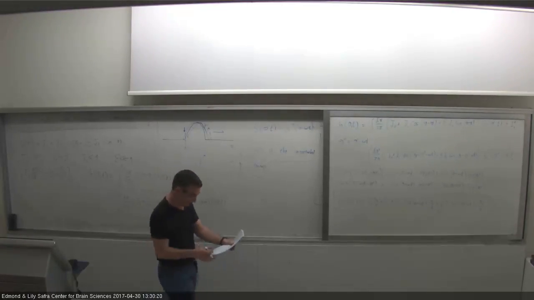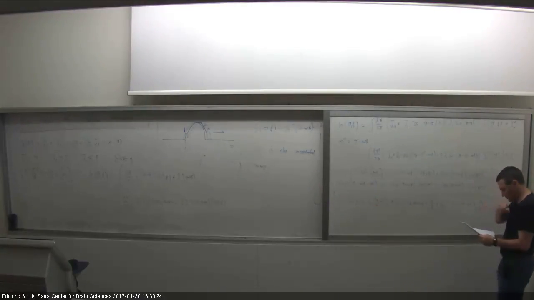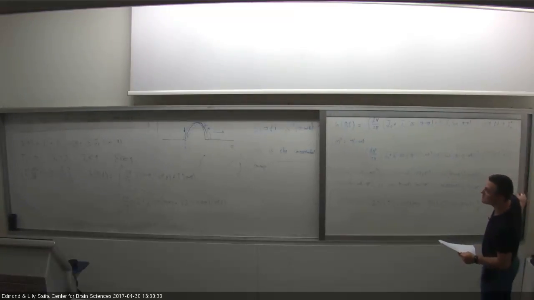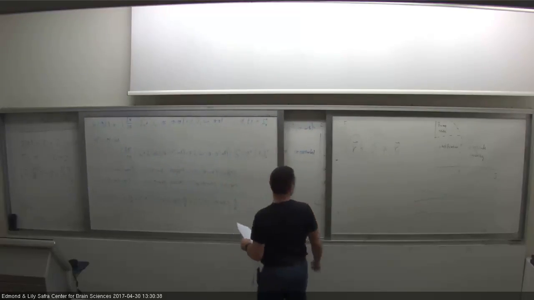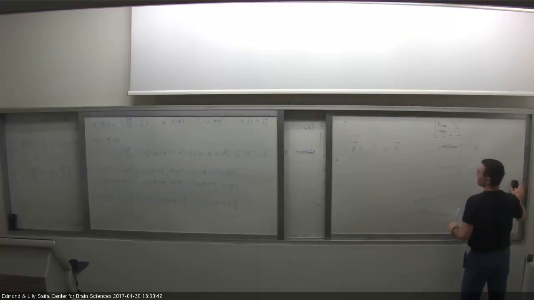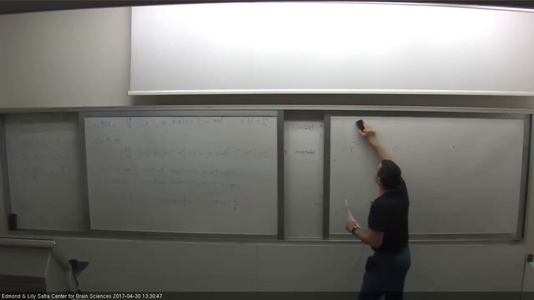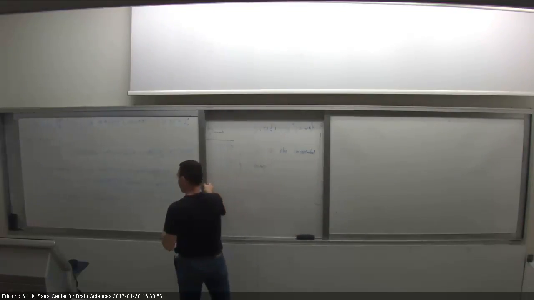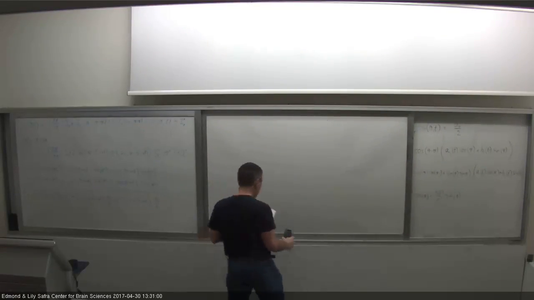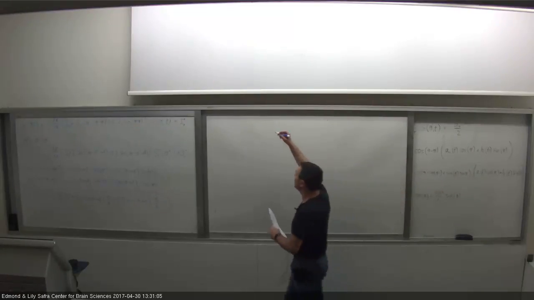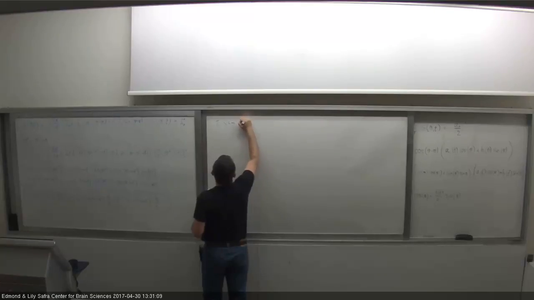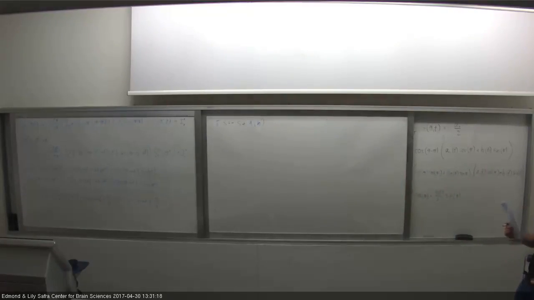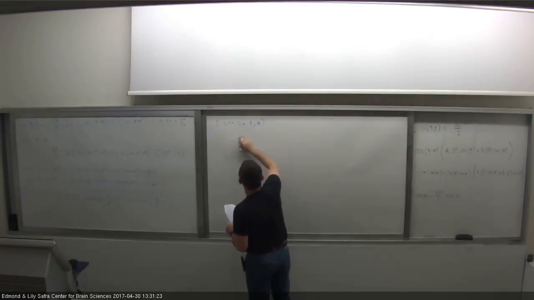Because it's the same bump as before, yes. Okay, so the original equation, let's write it again, is tau s dot is equal to minus s plus g of h, where g was the threshold linear, but I'd rather leave it as g for the time being.